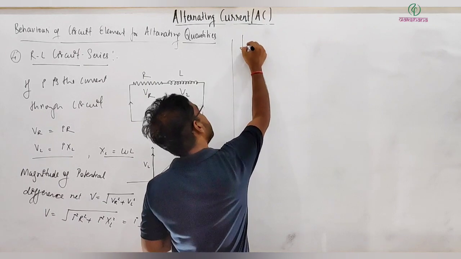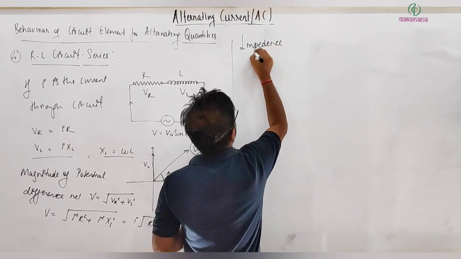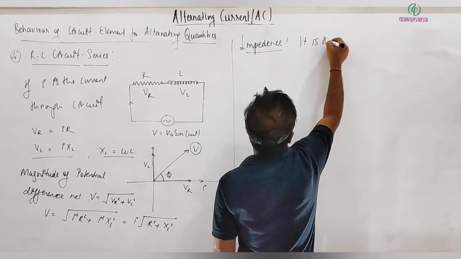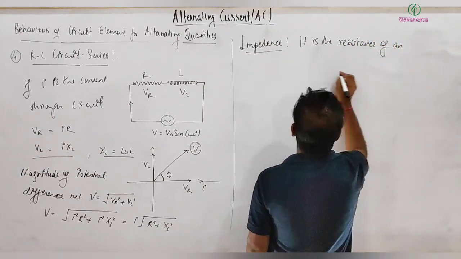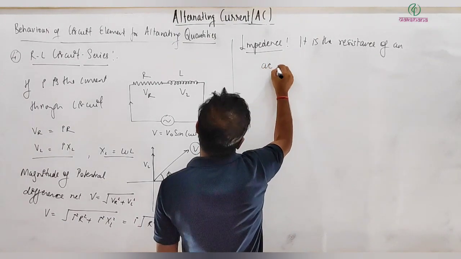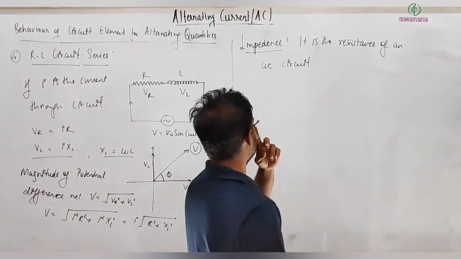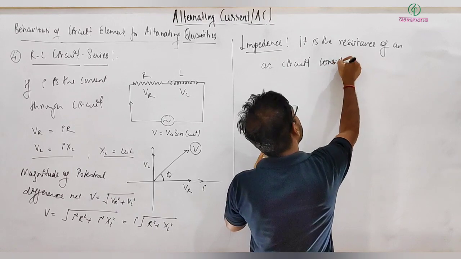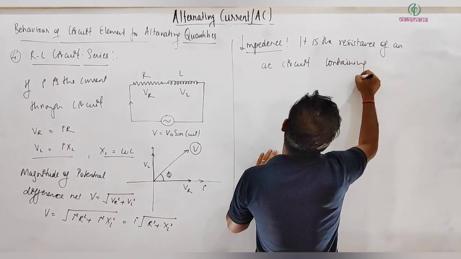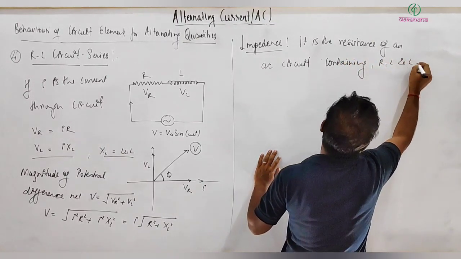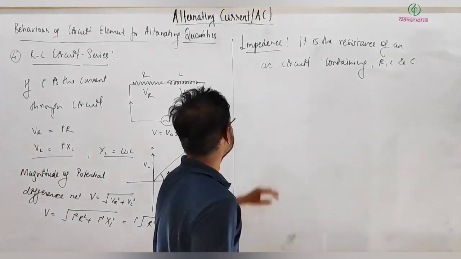So impedance is the total resistance of an AC circuit consisting of R, L and C, or maybe R and L or R and C, that can be also. That is defined as impedance.